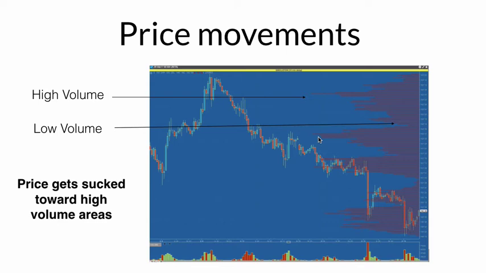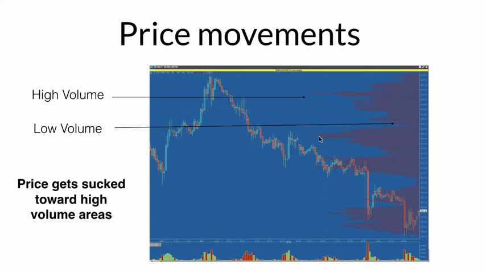That's the way I like to look at big significant levels, not so much on charts to trade, but in terms of if price has historically liked this area, it's going to come back again and find its way back there.